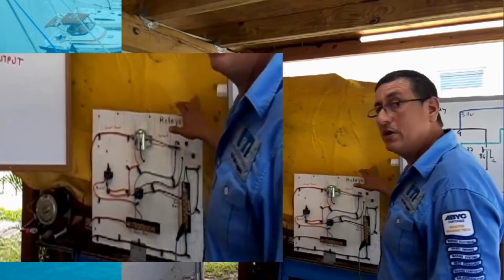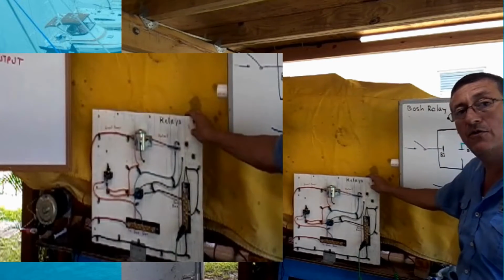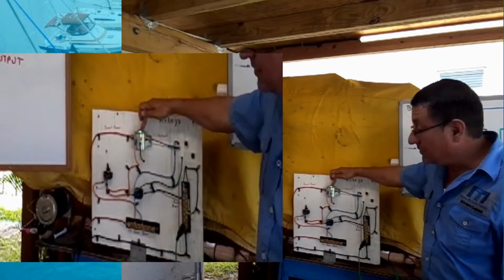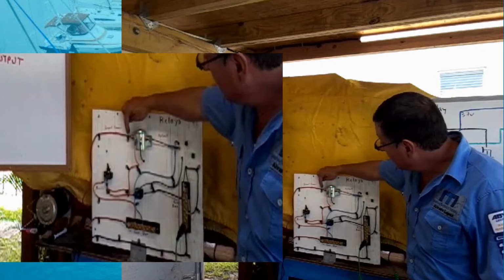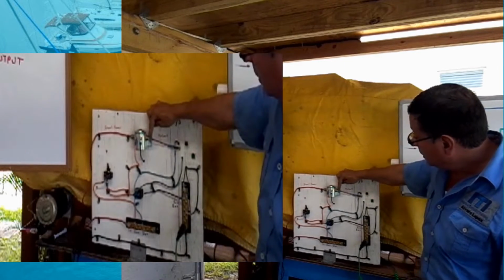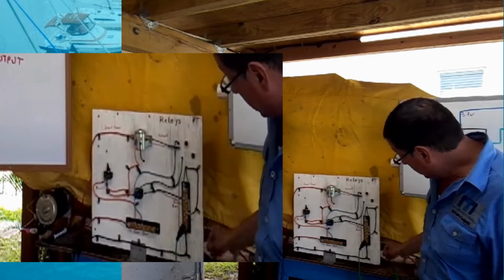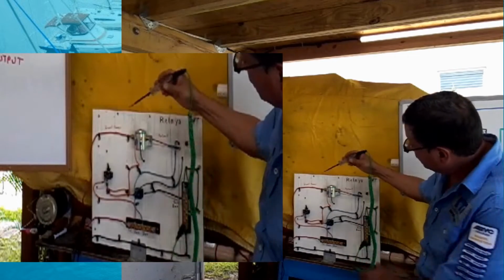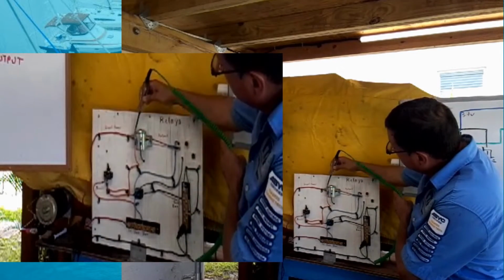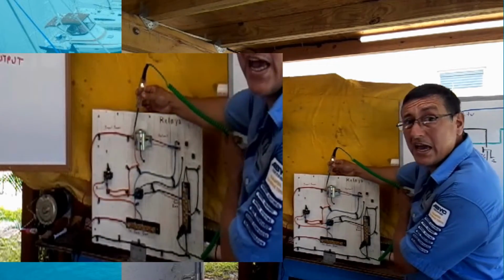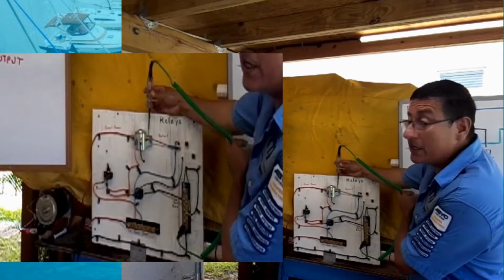I have a good example in this board that I prepared for you. I have the start relay. That's the input. This is the output. At this moment it is open. If I check with the probe, I have power here, I have power here, the light is on, but I don't have power here.